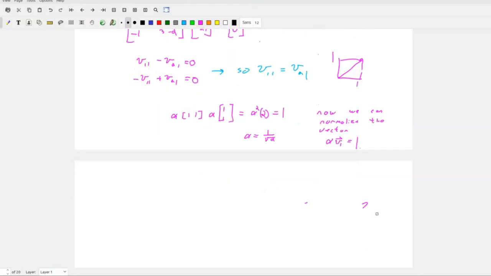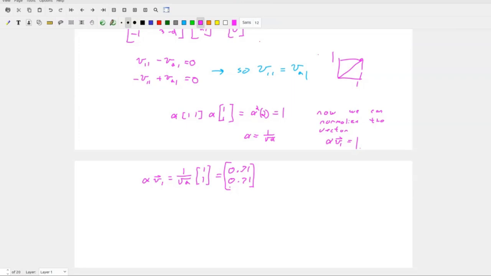So drawing that out, we get alpha of v1 is equal to 1 over the square root of 2 times 1, 1, which is what we solved for, but we just want a unit norm of a vector, which is equal to 0.71, 0.71. That is not our mode shape, it's tricky. That is our eigenvector. That is our normalized eigenvector for 1, 1.